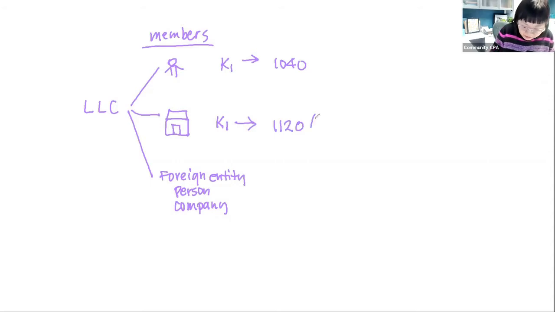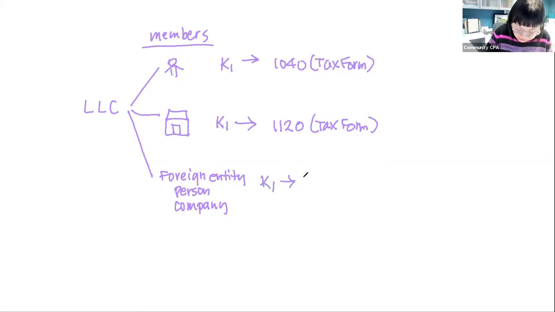That's a tax form. Just like this one, it's a tax form. And the K1 goes to the foreign member, so they file foreign tax here in the US, as non-residents.